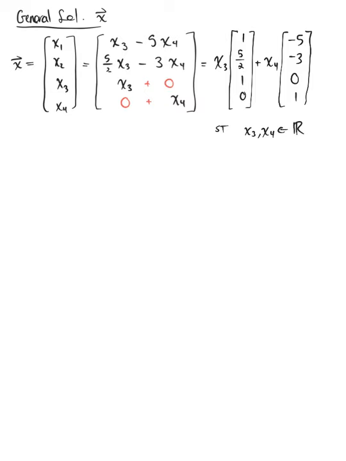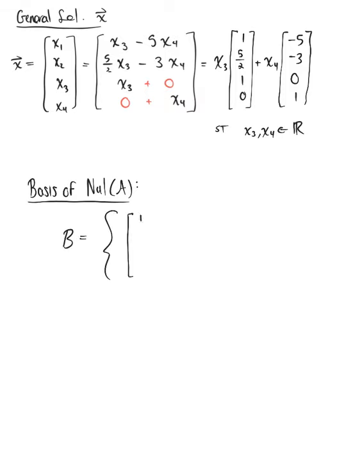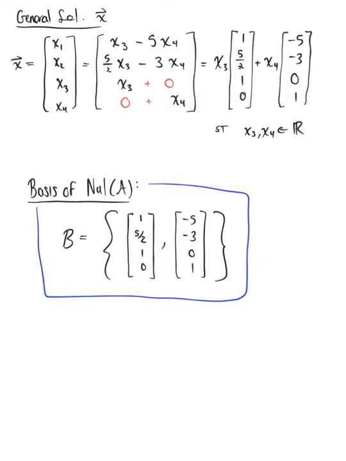So remember that the basis for the null space of matrix A are these two column vectors for our free variables. So the basis of the null space of matrix A is the set B, defined by the column vectors 1, 5/2, 1, 0, and -5, -3, 0, 1. And so this is our beautiful final answer here for the basis of the null space of matrix A.